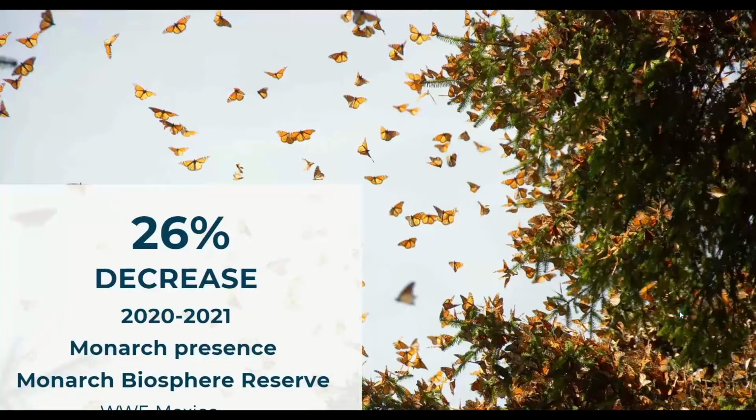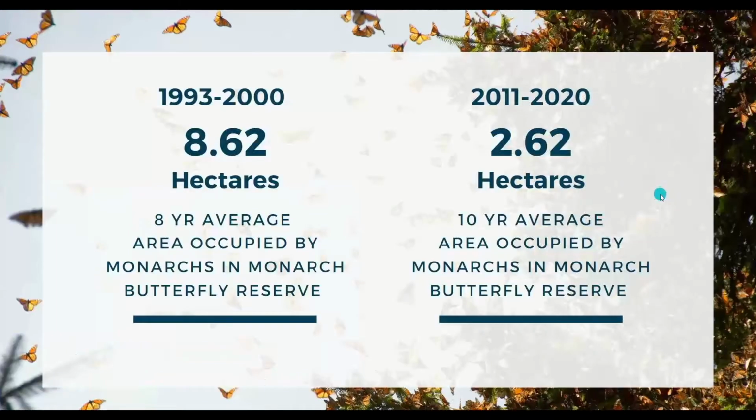Last year, the World Wildlife Fund put out population estimates for the Monarch Biosphere Reserve, and they found a 26% decrease in the presence of monarchs in that biosphere reserve in central Mexico. The actual hectares occupied by monarchs during the overwintering period have decreased dramatically.